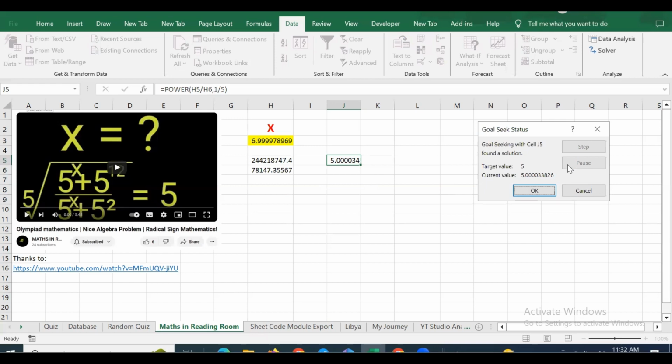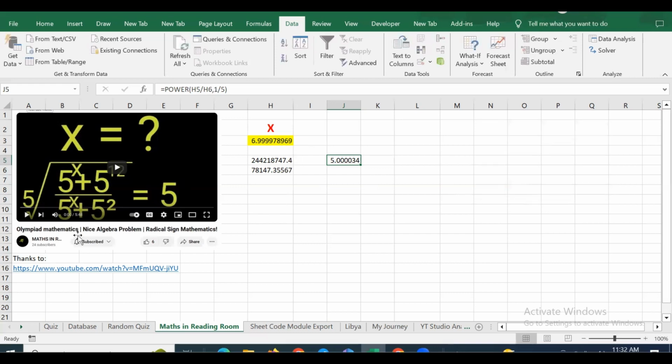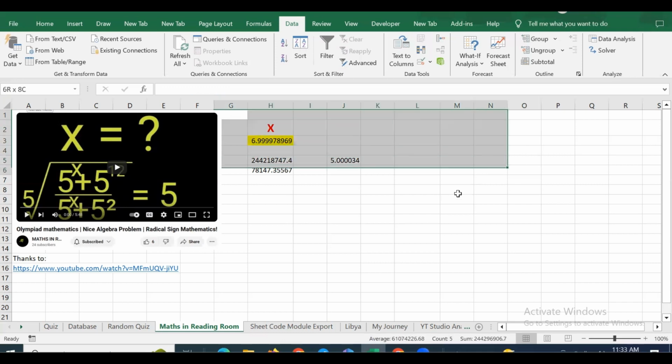5.00034 is the closest value, and it will be 6.99999 like this. This matches what has been demonstrated here. The purpose of showing you this is that using the goal seek, you can verify your solution.